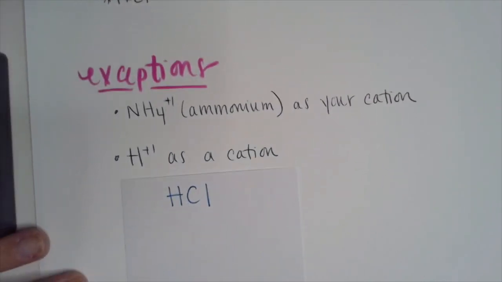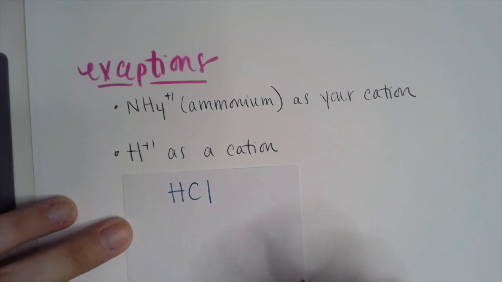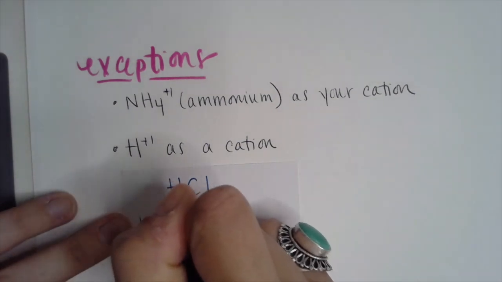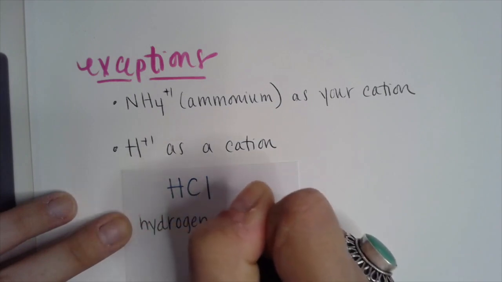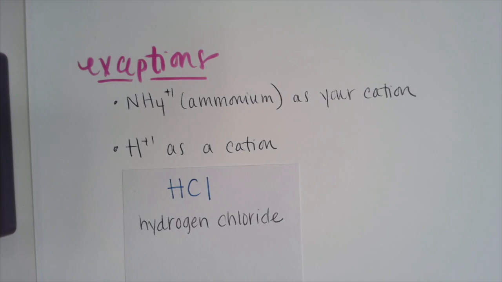There's really two ways to name something that has hydrogen in the front, especially if it's a strong acid like this one. You can either name this just by saying the names of both the elements, so hydrogen chloride. Again, notice I'm not using the mono prefix there because you don't have to, because technically it doesn't act molecular even though it is.